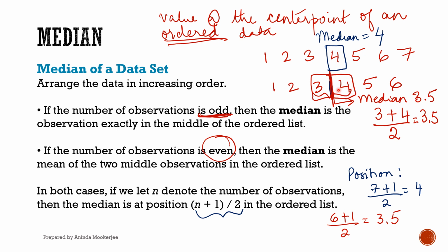All right, 3.5. Okay, so that's how we find the median. In the next slide, we are going to go through an example. Not as simple as this, a little more real life.